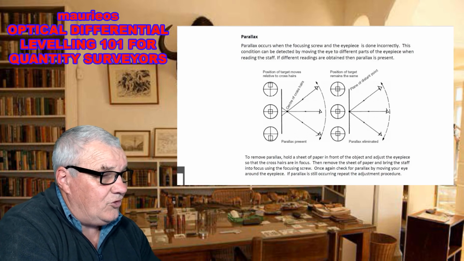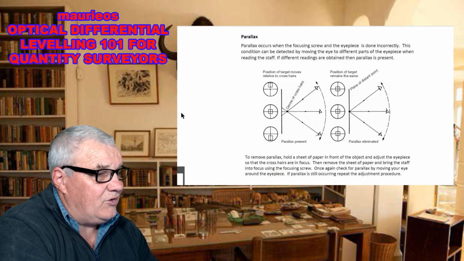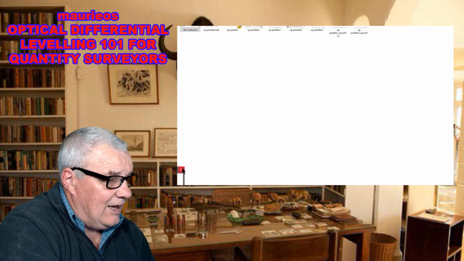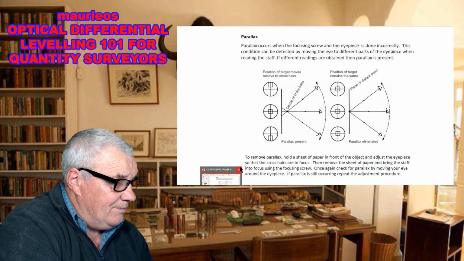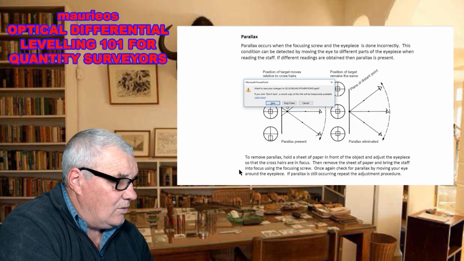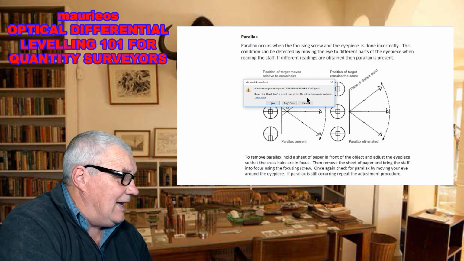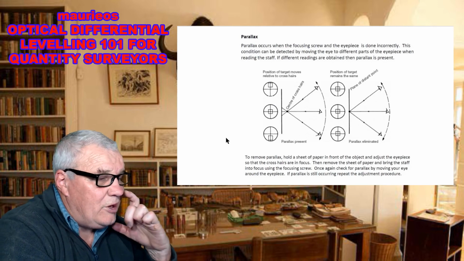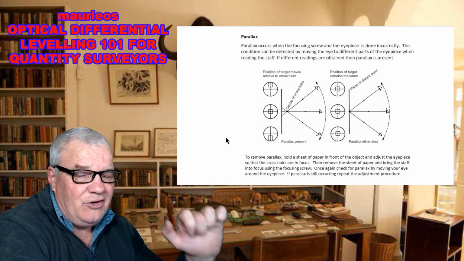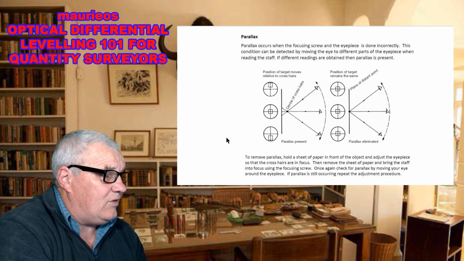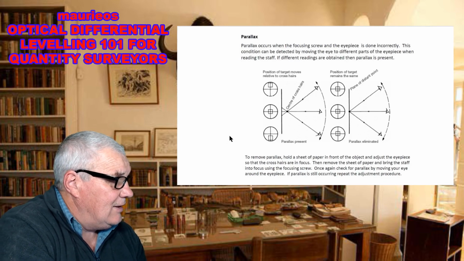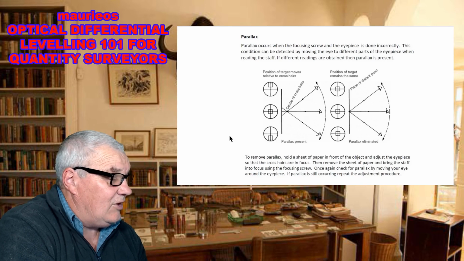So set the eyepiece so that the crosshairs are dark, black and crisp, and then use the focusing screw to focus. Once you've set the crosshairs, you shouldn't have to change them too much.